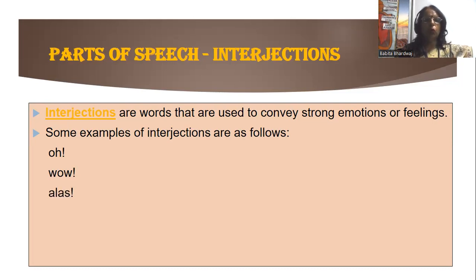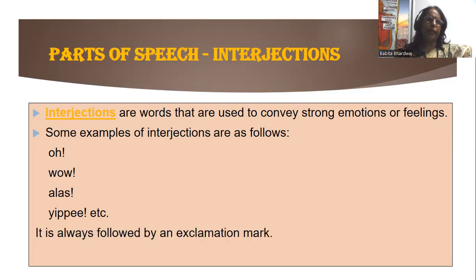Alas. When a person is sad, or if some sad situation appears in front of a person, then generally we are using such a word. And yippee again indicates an elated gesture. If a person is happy, in that case this word is used. One more important point over here is that when we are using interjections, we'll be using exclamation marks after the word.